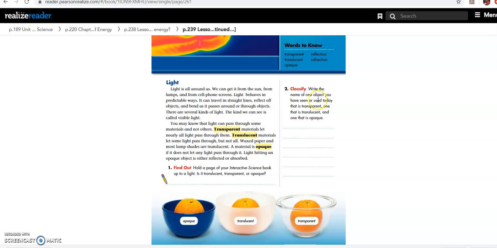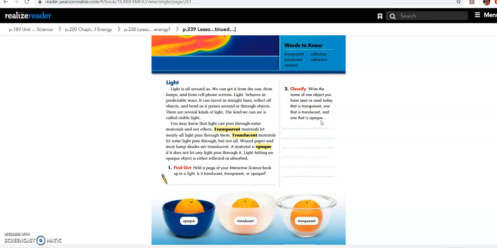Question 2 says classify. Write the name of one object you have seen or used today that is transparent, one that is translucent, one that is opaque. All right, Mrs. Bulwark is going to do this too. So I've already talked about how my glasses are transparent, and I used them. Translucent.